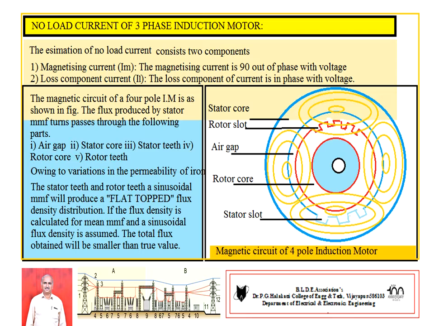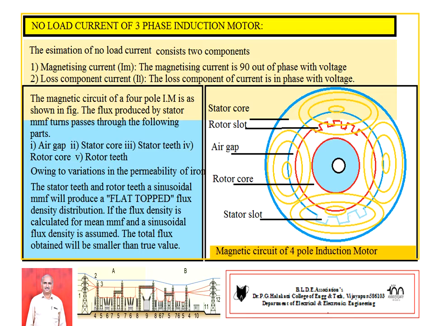Another concept is also there. The distribution of flux may be sinusoidal, which we refer to as fundamental. But here, due to the presence of harmonics, the sinusoidal wave of distribution is not possible.